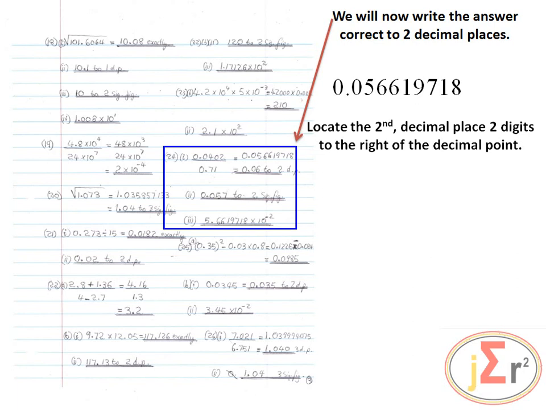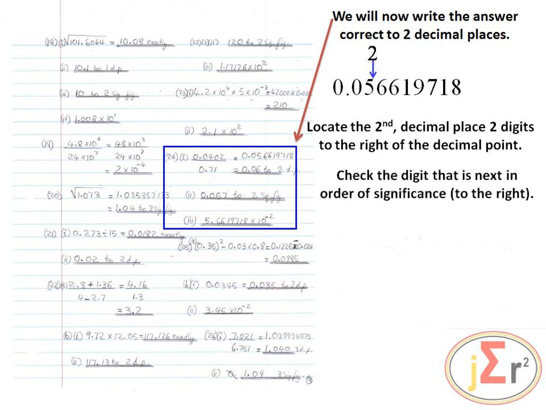If we were counting significant figures, we do not begin counting until we encounter the first non-zero digit. But if we are counting decimal places, we begin at the first decimal place, whether or not it is equal to 0. So there is our first one, and that is the second one.